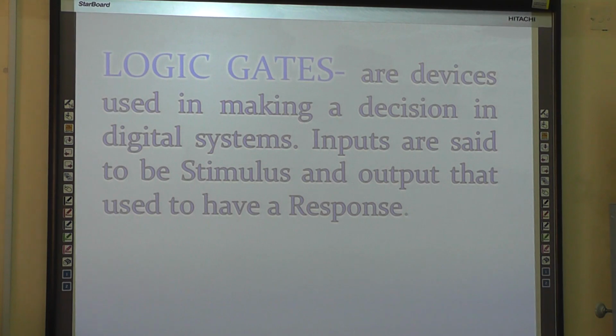At any given moment, every terminal has two binary conditions. It might be number 1 or number 0, or might be high or low, or might be false or true. False corresponds to 0 and true corresponds to 1.